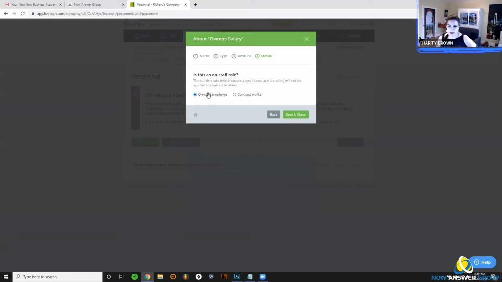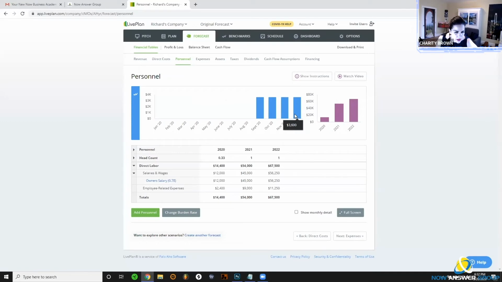This would be a paid salary position, but you can also add your contractors here if you contract out services. So we'll just say this is on-site. Boom. Now we've got owner salary, 12K a year in 2020, 45K in 2021, and almost 100K in 2022. So that all seems pretty feasible. He's still at a net profit.